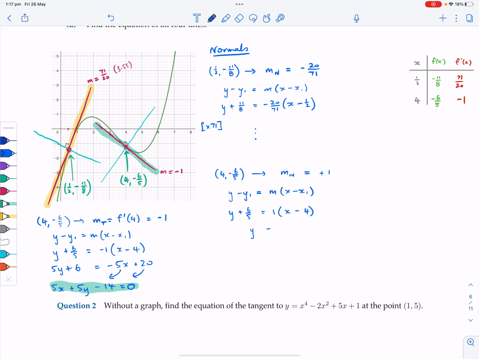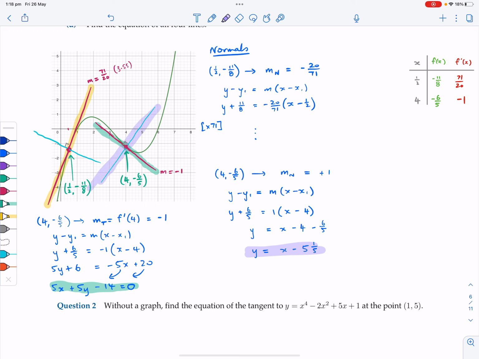So we can just get y equals x minus 4 minus 6 over 5, or y equals x minus 5 and 1/5. Okay, so that's in y equals mx plus b form rather than in general form. And if we just use a highlighter here, right, this one here is this.